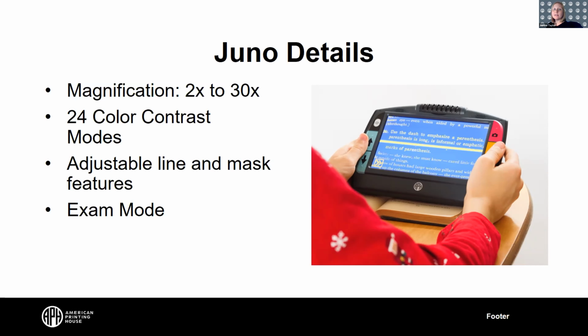They can't access their files or save a capture, so they can't take a picture and save it. You can really customize the settings for an exam situation. That's a really important feature of the Juno, and fantastic to have in such a portable handheld magnifier.